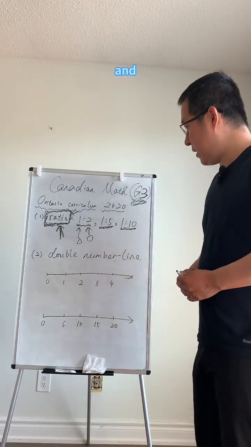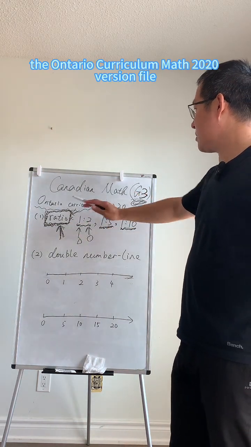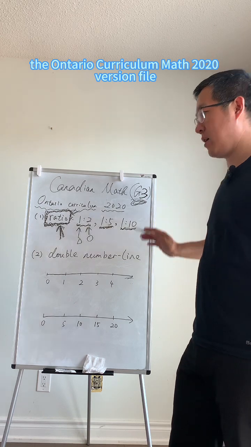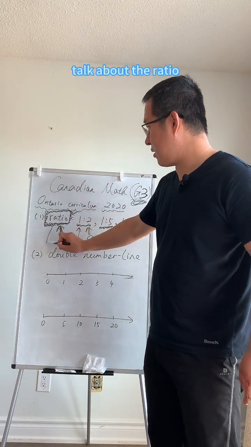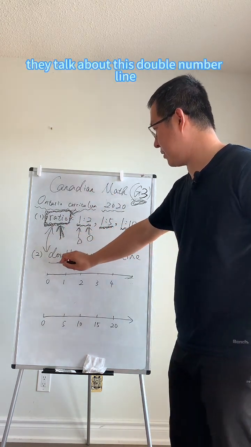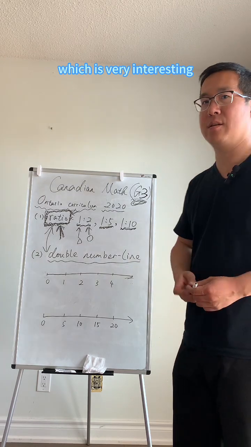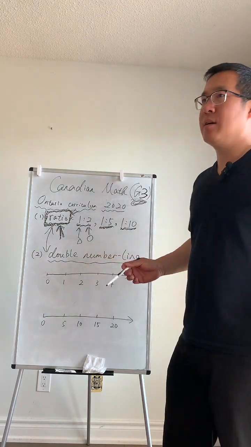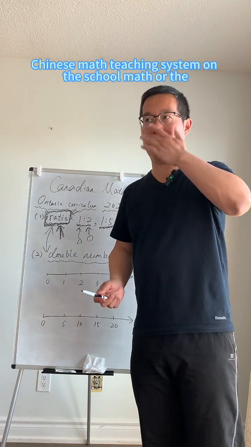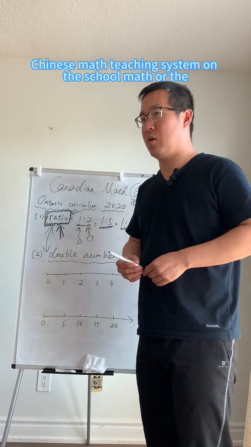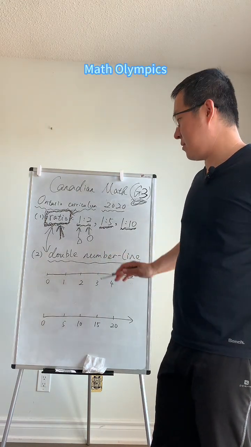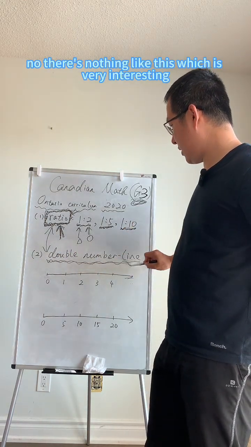And in the Ontario Curriculum Math 2020 version file, after they talk about the ratio, they talk about this double number line, which is very interesting. I have never seen this in the Chinese math teaching system, the school math or the math Olympiad. There's nothing like this, which is very interesting.